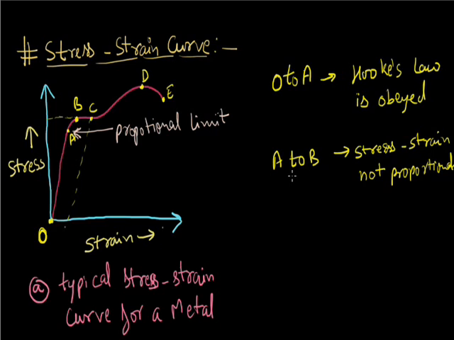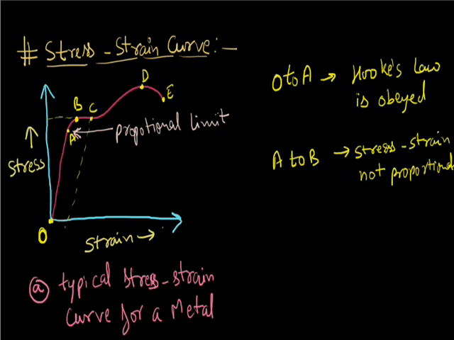Nevertheless, the body will still return to its original dimension when the external force is removed, up to point B, and point B is known as the yield point or the elastic limit.